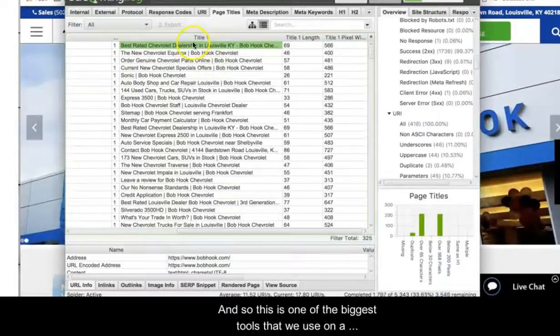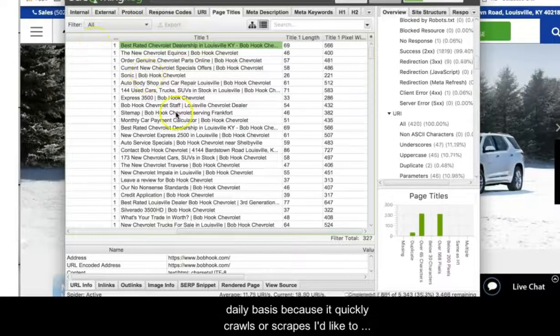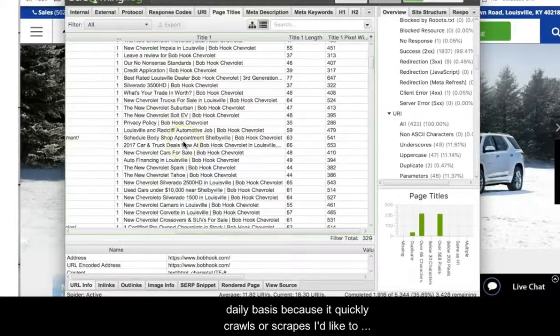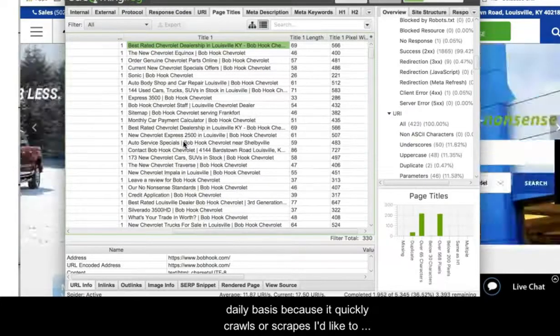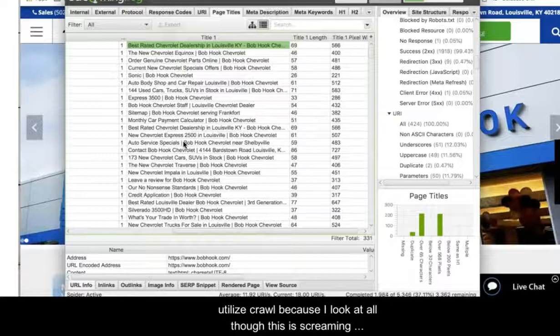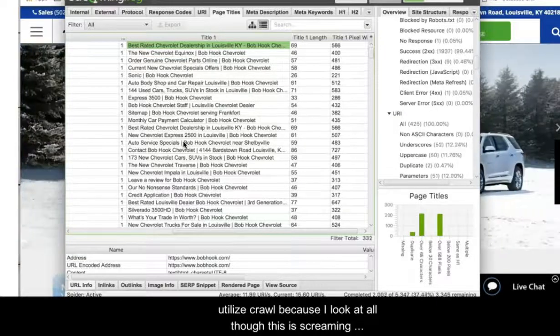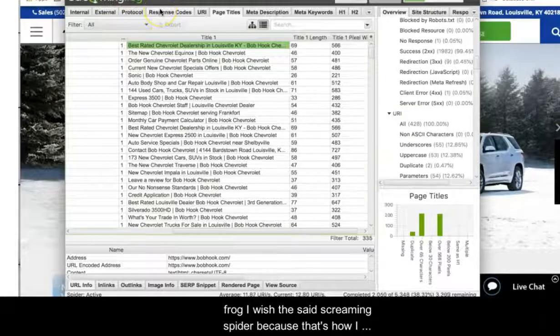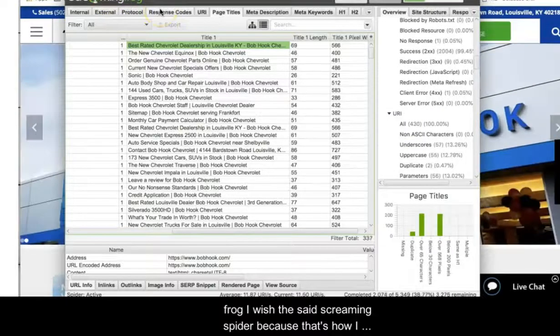And so this is one of the biggest tools that we use on a daily basis because it quickly crawls or scrapes. I like to utilize crawl because, although this is Screaming Frog, I wish this said Screaming Spider, because that's how I look at scraping.